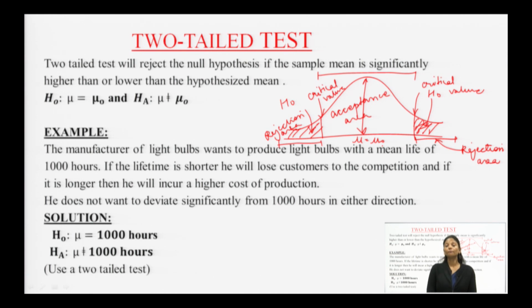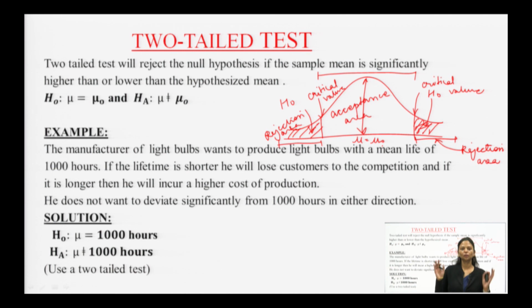As to how to get a null hypothesis and alternate hypothesis, just see here. If I take my null hypothesis where mean is equal to 1000 hours and my alternate hypothesis where my mean is not equal to 1000 hours, then since we do not know which direction to follow, but we know that there is some relation between 1000 hours and the number of customers, I will take it as a two-tailed test.